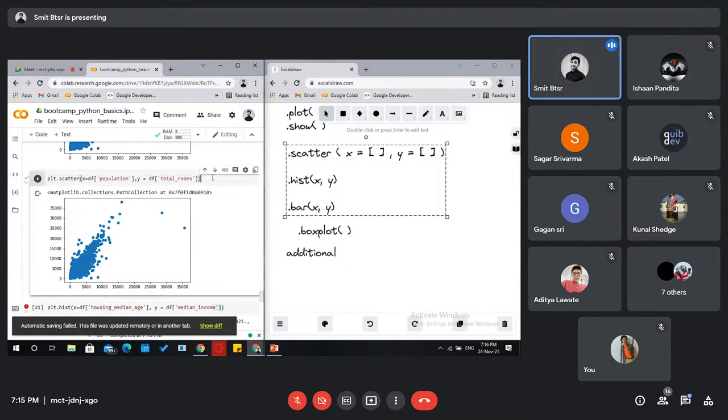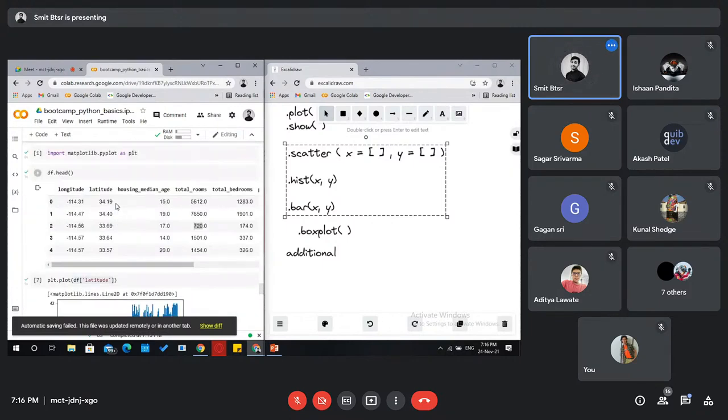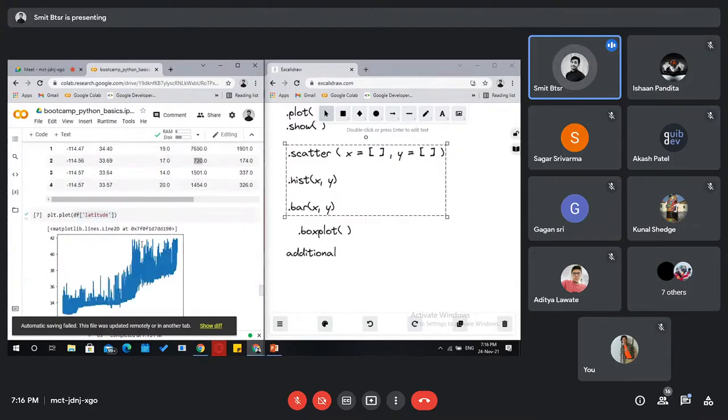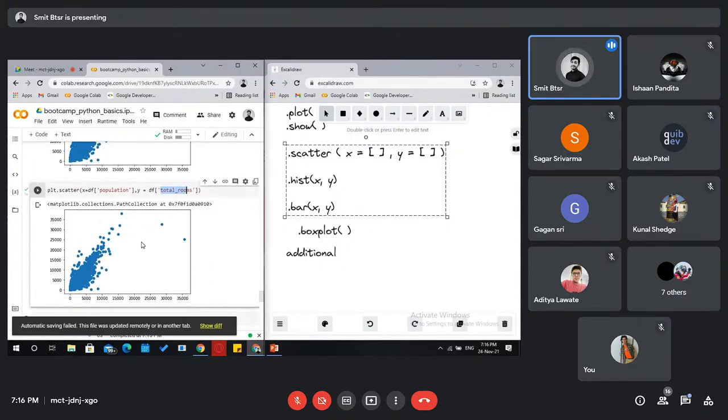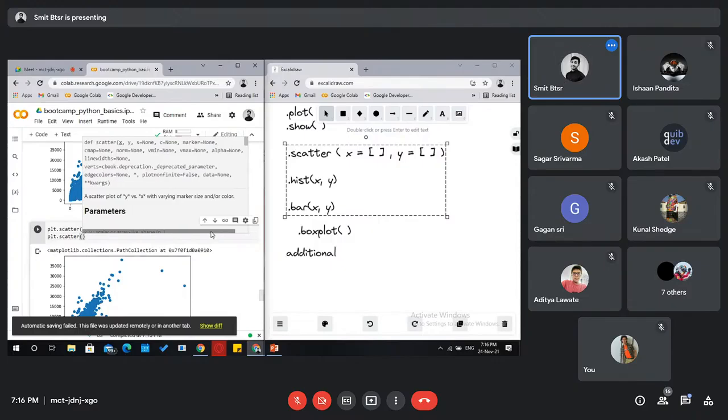Now we want to plot two different kinds of plots. Here we have total rooms, and the other thing we can consider is total bedrooms. This is one graph. I also want to draw a scatter graph, same graph, and I'll specify df.